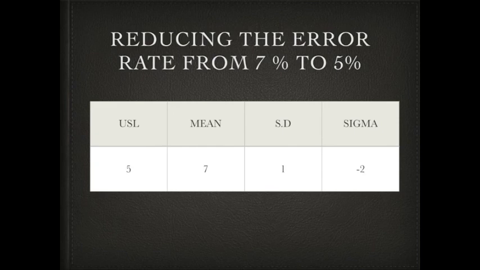The mean level is beyond the upper specification limit, and the difference is 2, the standard deviation is 1. In 2, how many standard deviations can be accommodated is only 2, but since the mean level is beyond the upper specification limit, we are calculating it as minus 2 sigma.